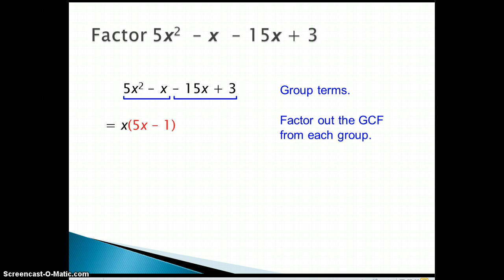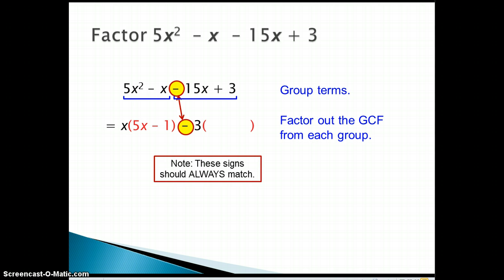Now we're going to factor the GCF out of the second group. If you look at the coefficients of 15 and 3, you probably have already figured out that 3 is a common factor of those two numbers. However, we also have to consider the sign. If you don't take out the right sign of the GCF, it will not factor properly. So we're actually going to factor out a -3, and that's because of the negative in front of the 15x.